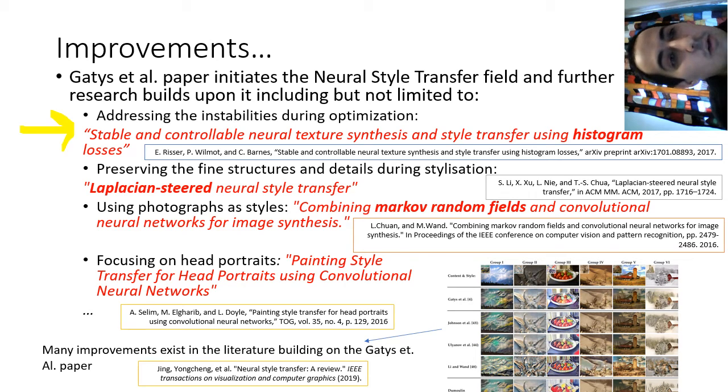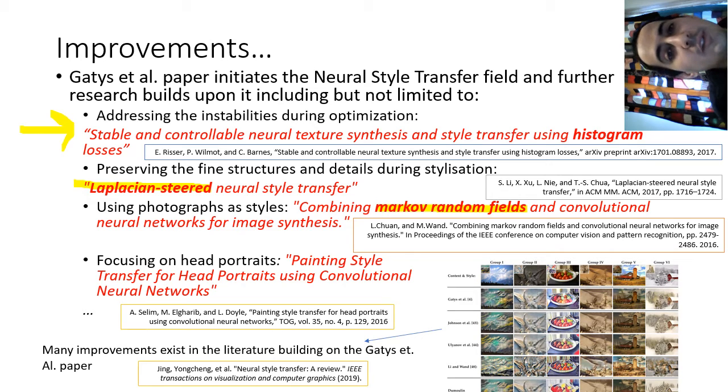Similarly, Lee et al. introduce an additional Laplacian loss for preserving the fine structures and details during stylization, whereas Li et al. introduce Markov random fields that address the ability to use photographs instead of paintings as style.